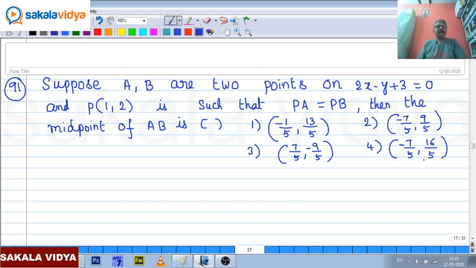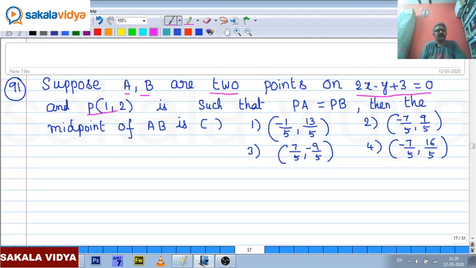So now, suppose A, B are 2 points on the line 2x minus y plus 3 equals 0.